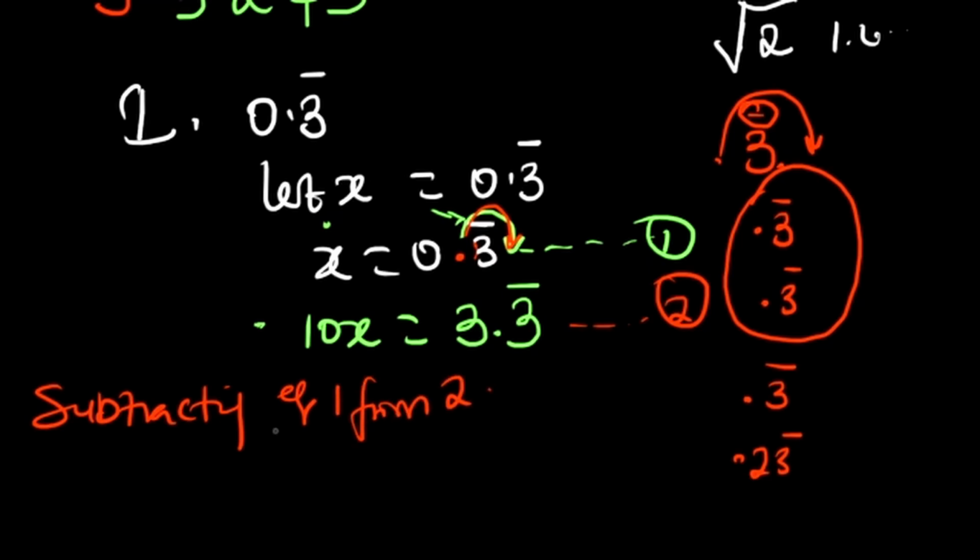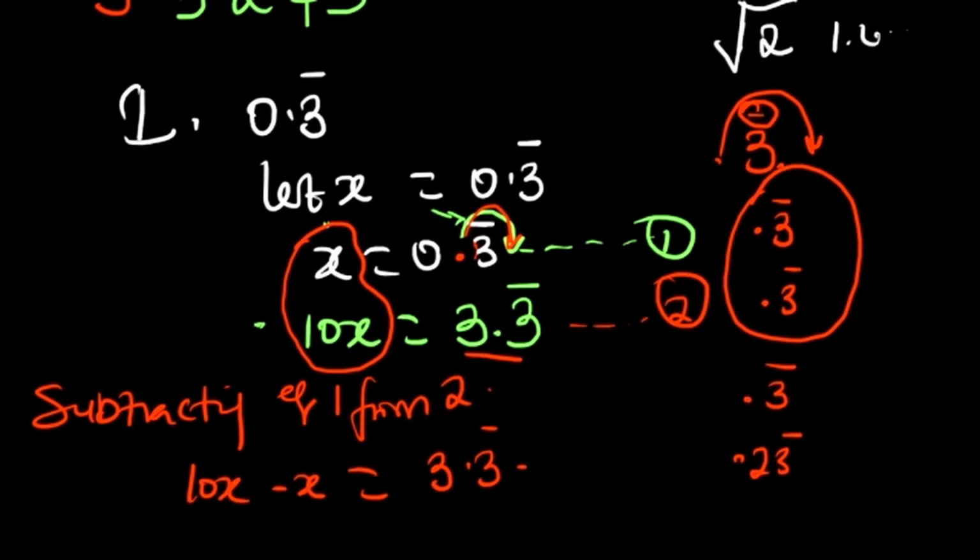So it's going to be 10x minus x, and this is equal to, this is our equation 2, 3.3 bar minus 0.3 bar. I've explained to you the point at which you subtract. If the repeating decimals are not perfectly aligned, don't subtract. You only have to make them appear the same before you can subtract.